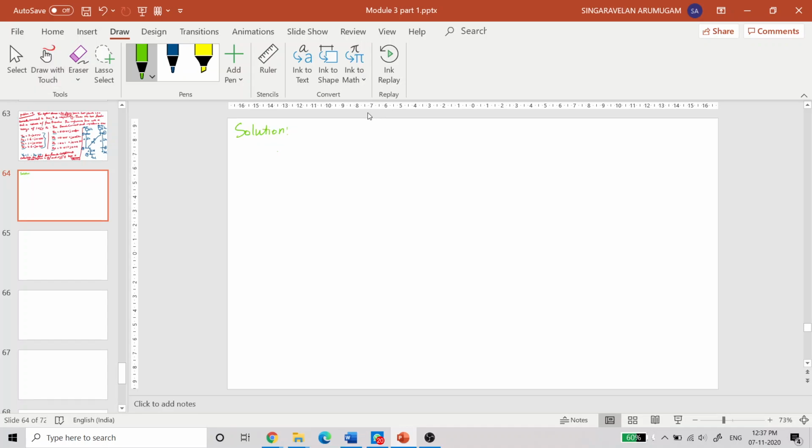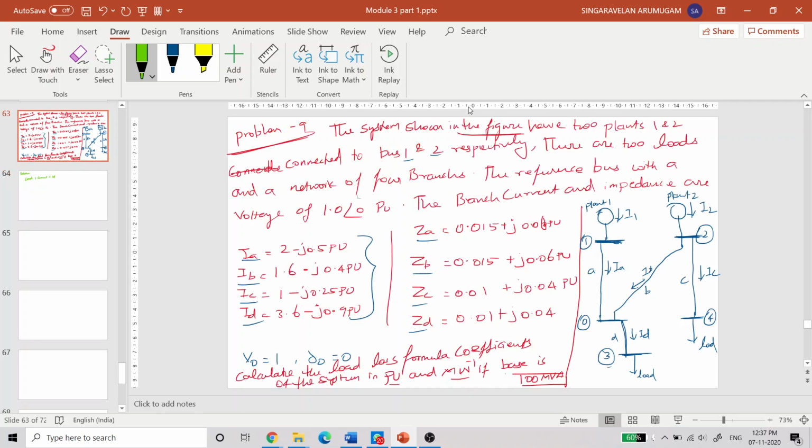As all load currents maintain a constant ratio, the first assumption is that all loads are maintaining a constant ratio, right? So we know that load 1 current is ID. Why? Because from the figure I can see that the load current is nothing but ID.